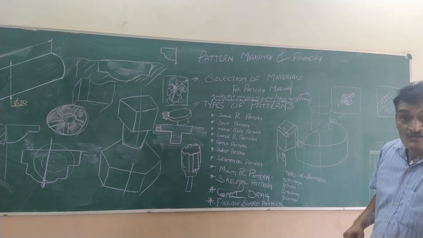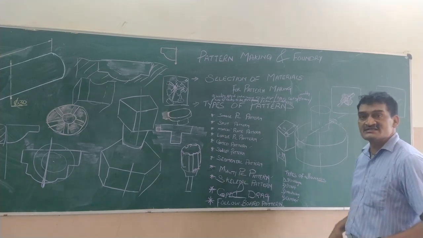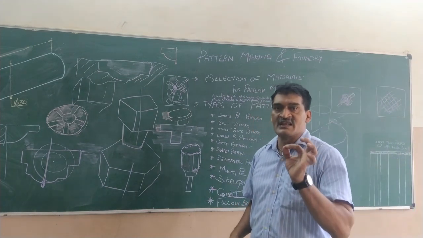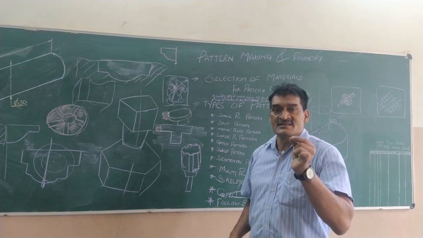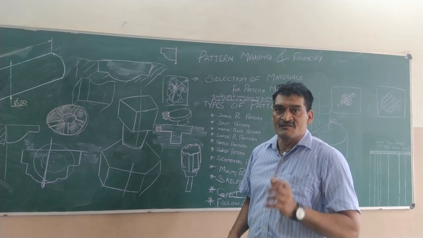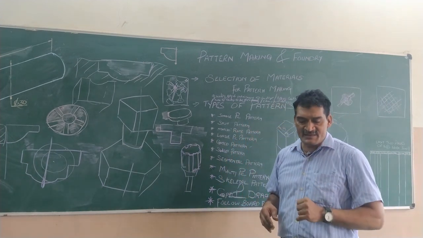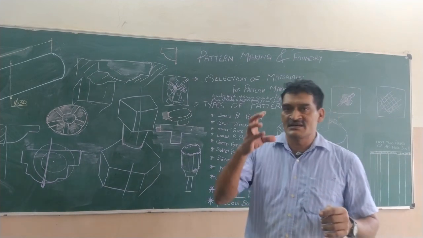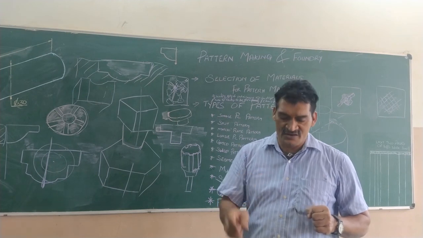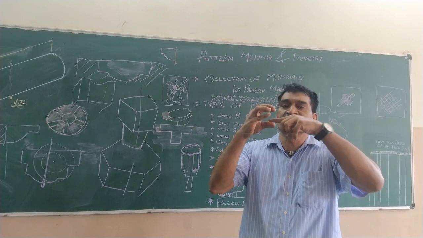Now we shall go to the next topic, and that is allowances. What is an allowance or tolerance? Tolerance or allowance is the minimum error that is permitted for two mating parts. Let us take, for example, we have a bearing, a ball bearing and a shaft. Okay? So inside the bearing there is a shaft going.